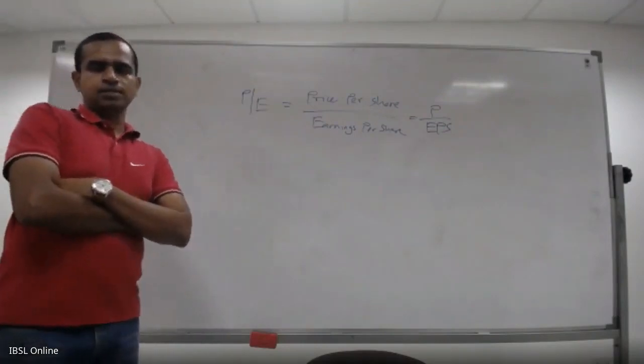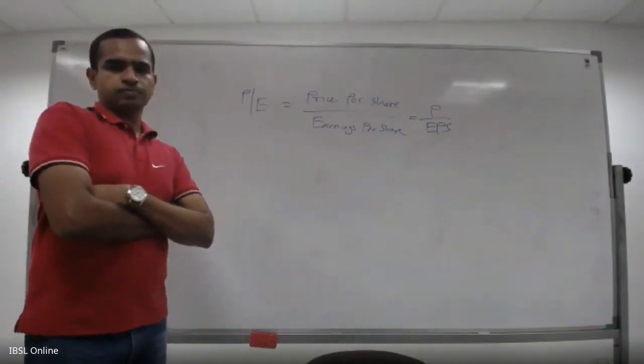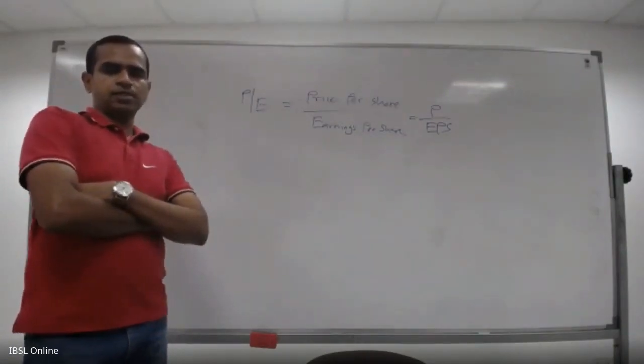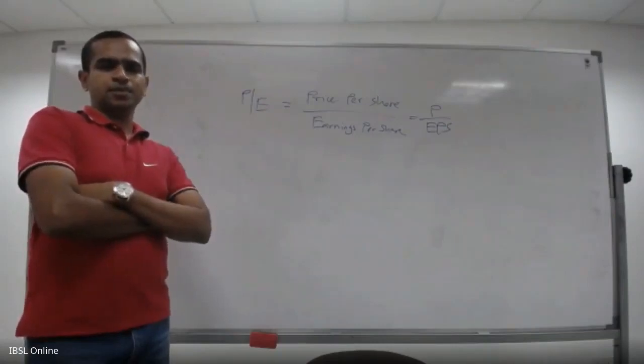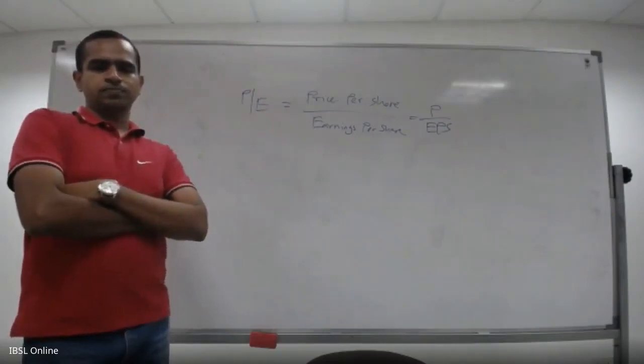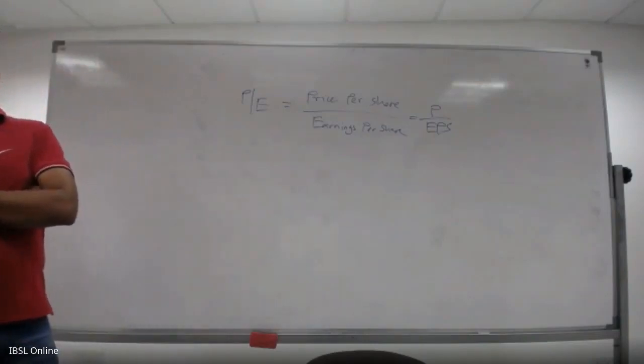An analyst forecasts an earnings per share for the next 12 months of €1. It has 40 million shares outstanding at a market price of 18 per share. You have to calculate Biden's trailing and leading PE ratios. Right, so let's give it a try.